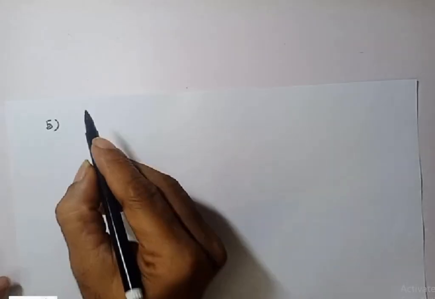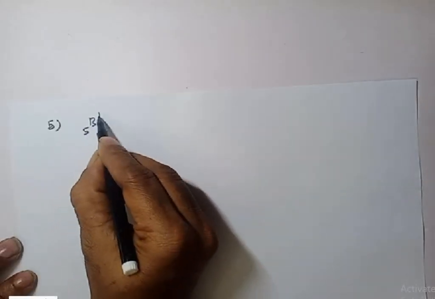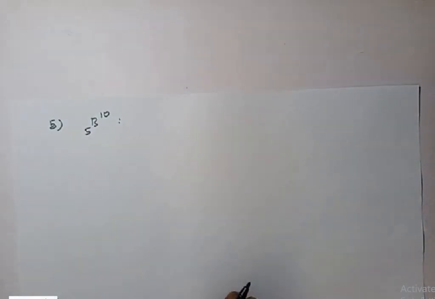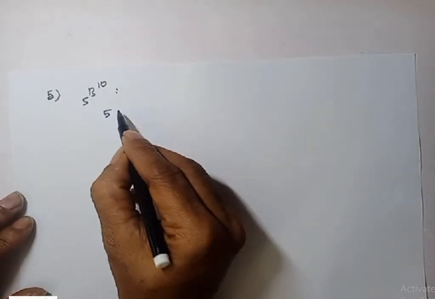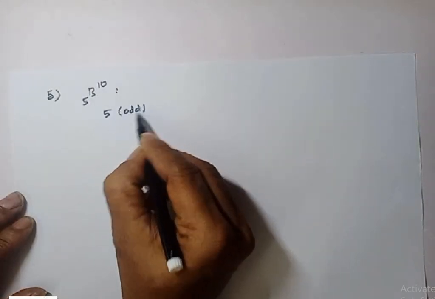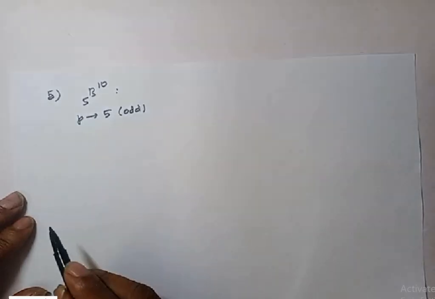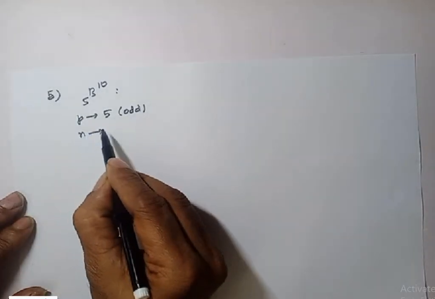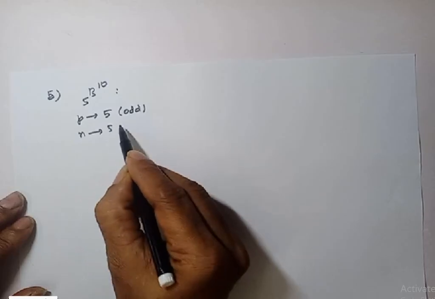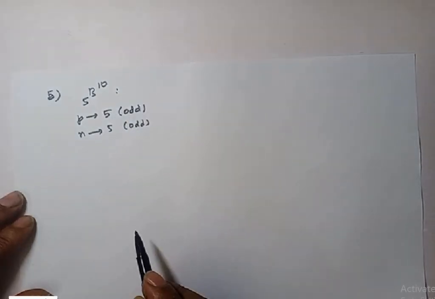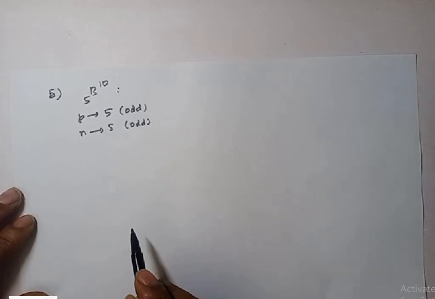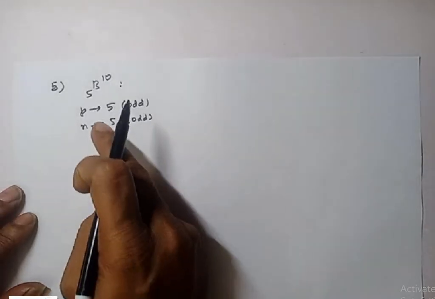Like this. Listen, B-10. Try this one. The number of protons is 5, which is an odd number. The number of neutrons, 10 minus 5, is 5, also an odd number. So in this case, what should we do?